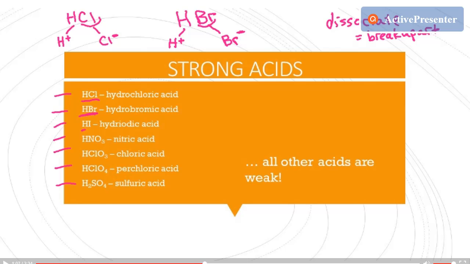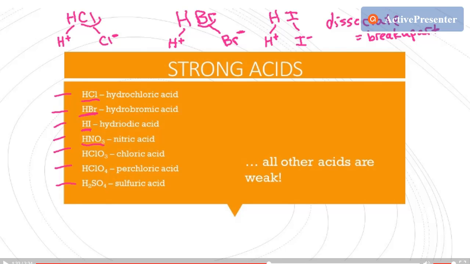Now let's look at HI, hydroiodic acid. The H, of course, is going to break apart and have a +1. And the I is going to break apart and turn into iodide with a negative charge. So as you can see, all of these acids are going to break apart.